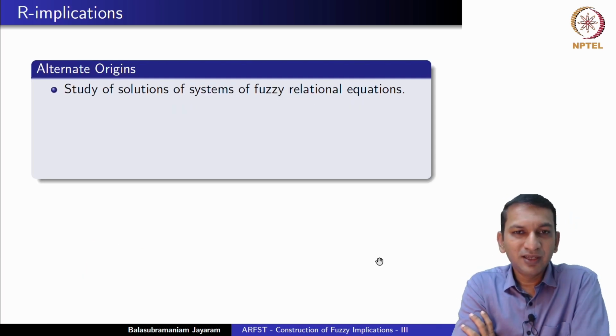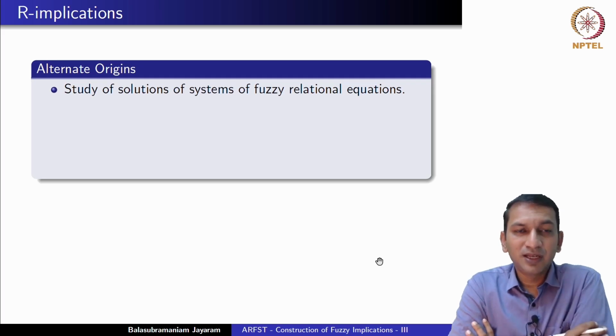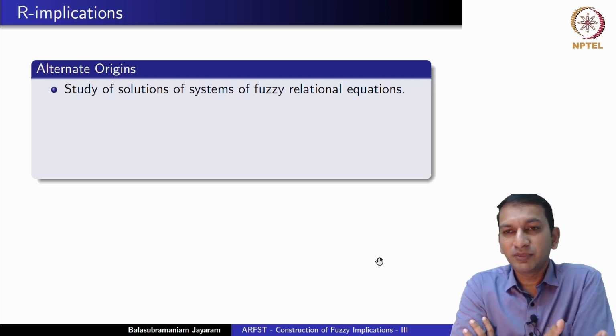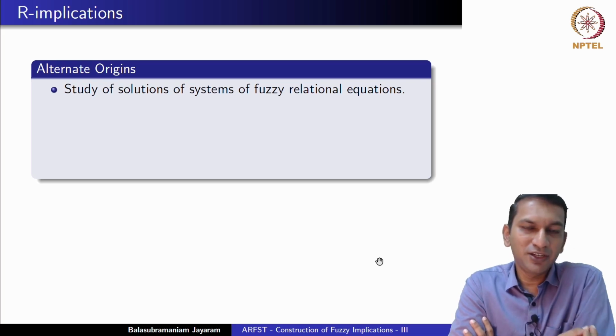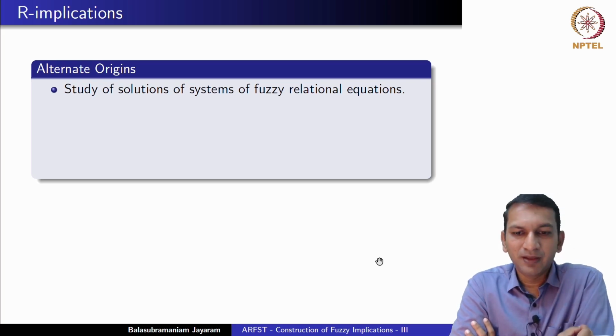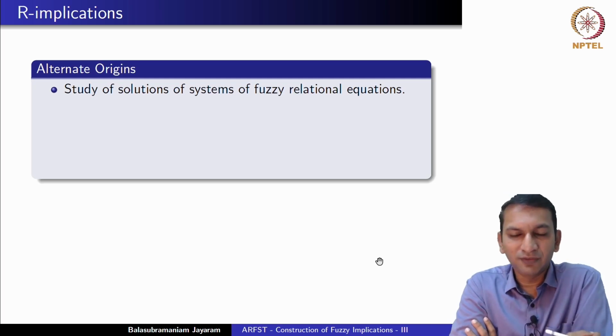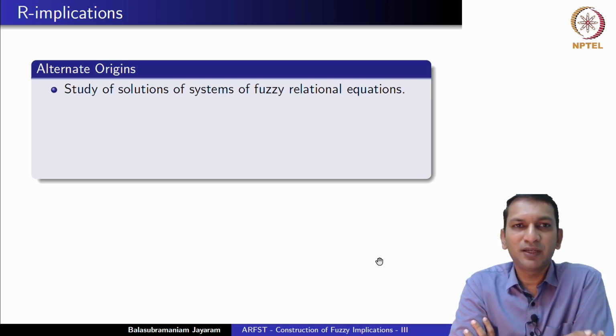Well, as was mentioned, R implications have had their origins at different source points. In the study of solutions of systems of fuzzy relational equations, R implications did emerge. Fuzzy relations and fuzzy relational equations will be taken up in the lectures given in the next week.